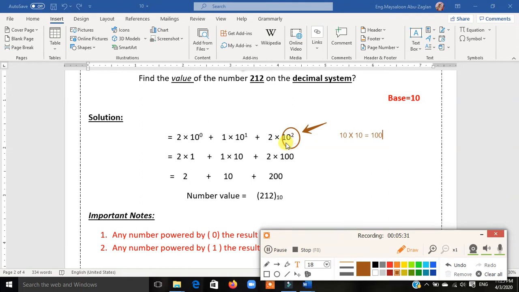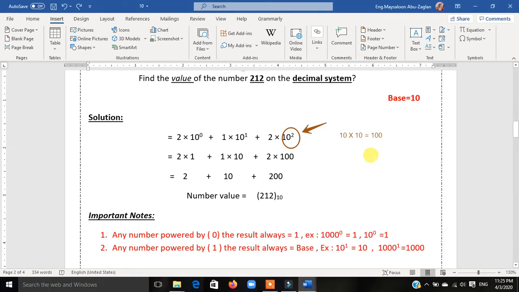So 10 powered by 2 means 10 multiplied by itself, and it equals 100. I can't say it's 10 multiplied by 2. This is wrong. Many students make this mistake. When you use 10 power 2, it will be 10 multiplied by 10, so it will be 100.